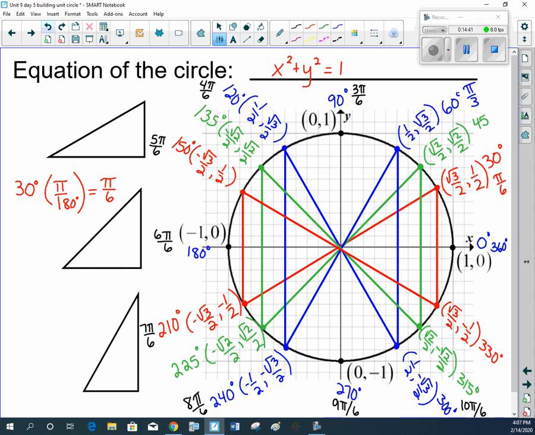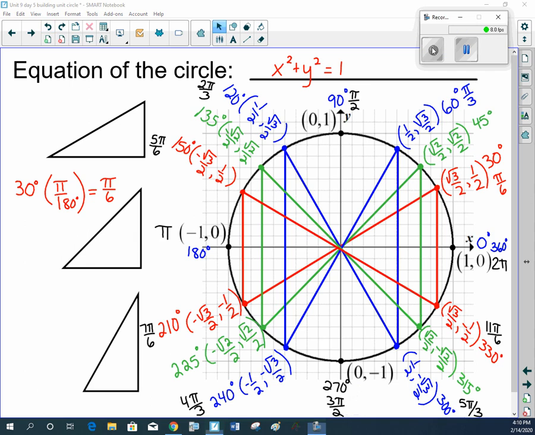And 330 would be 11 pi over 6. And then we'd be back here at 360, which is 12 pi over 6. Okay, take a minute, go around and reduce all of those, and then we'll do the 45 degrees.